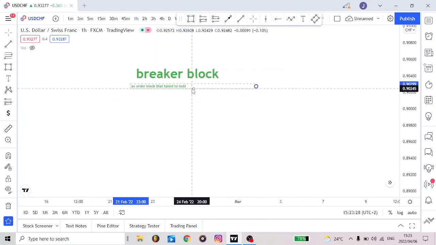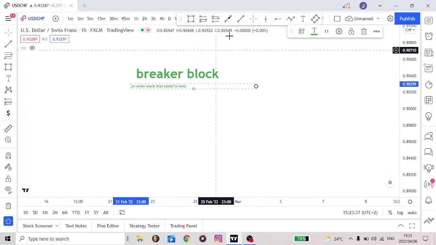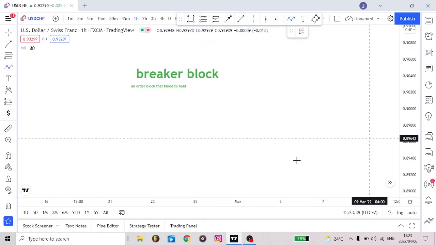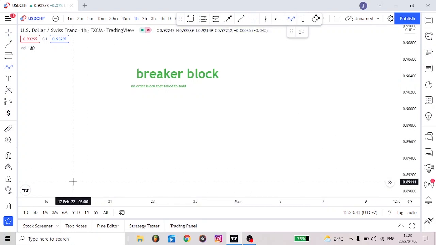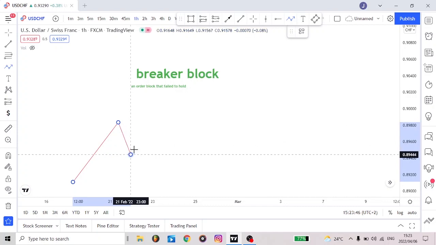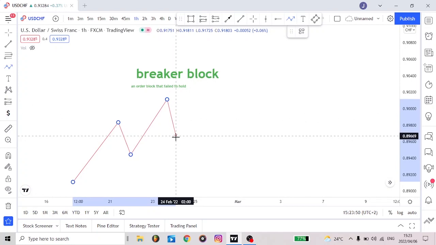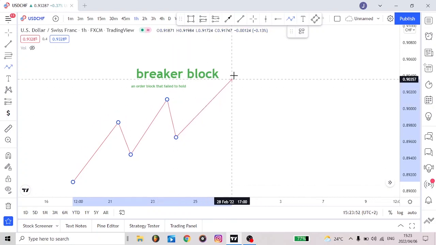Now, if an order block failed to hold, it's likely that the market will come back to that point and then start pushing away from that point again. Let's make an example of it. Let's say the market was going up, down, up, down, and then it was also pushing up.